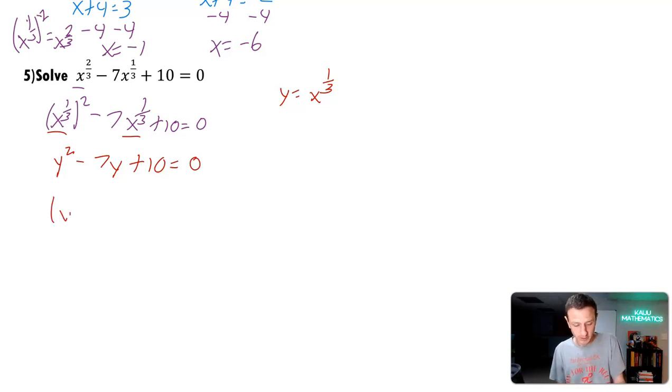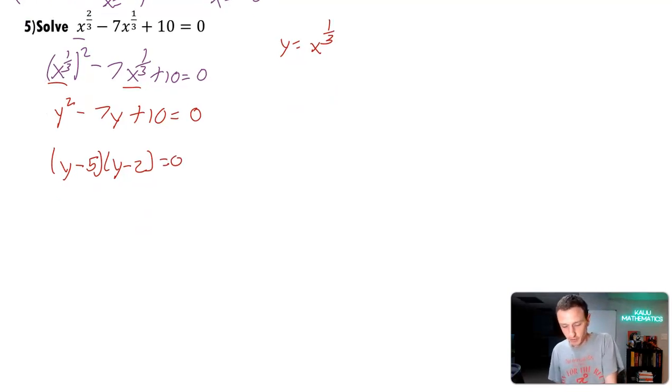Factor: (y − 5)(y − 2), because negative 5 and negative 2 multiply to positive 10, and negative 5 plus negative 2 is negative 7. Do the same thing as before. y − 5 = 0, y − 2 = 0, y = 5, y = 2.